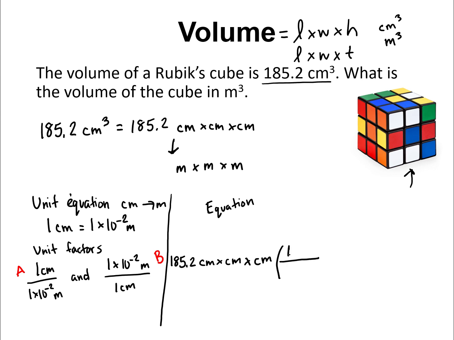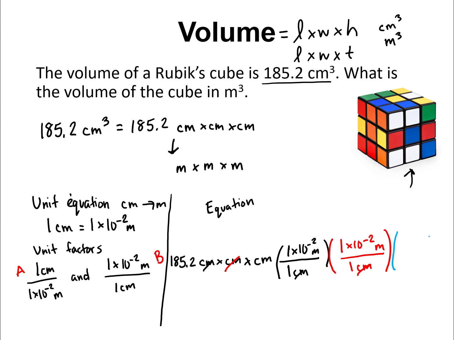So we said we would use B. We've got centimeters down in the bottom. I'll use some different colors here too. So that gets rid of centimeters a second time.